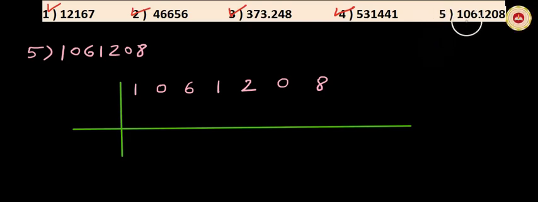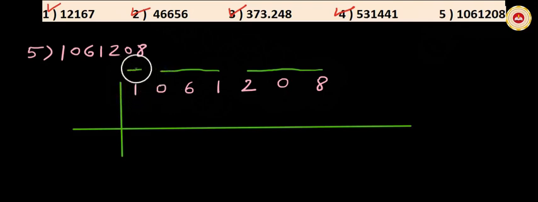Fifth example, 10,61,208. Friends, form the groups starting from the right side towards the left side, in such a way that every group contains 3 digits. This is the first group, this is the second group, and this is the third group.